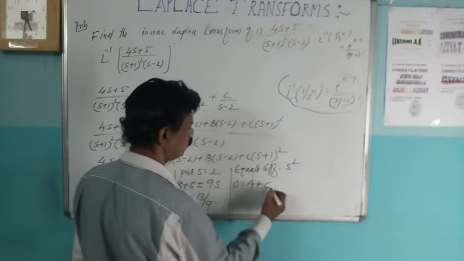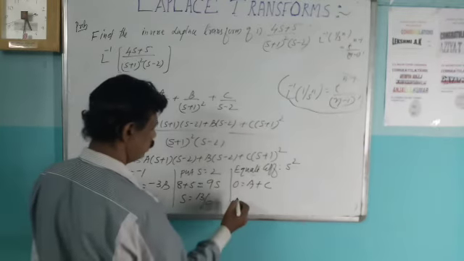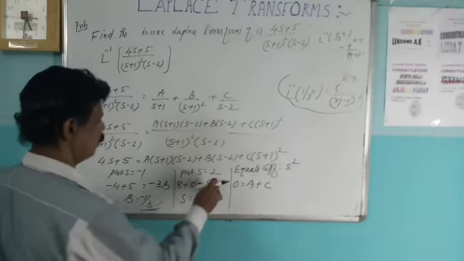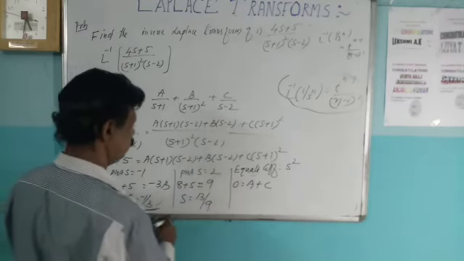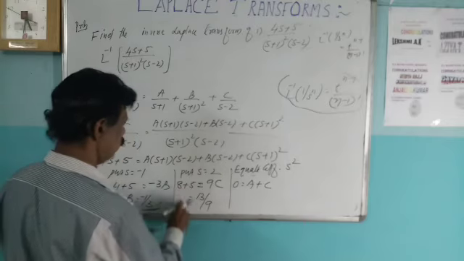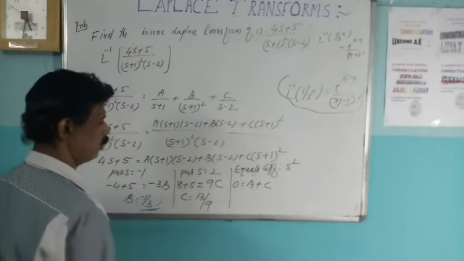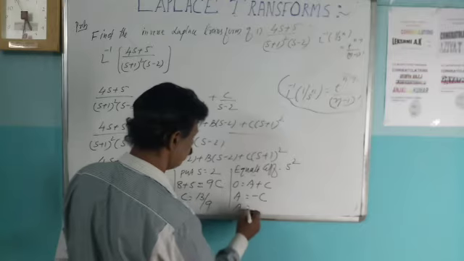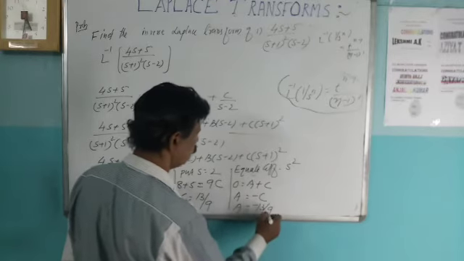So we can write A plus C equal to 0. Then A equal to minus C. Therefore the value of A equal to minus 13 by 9.